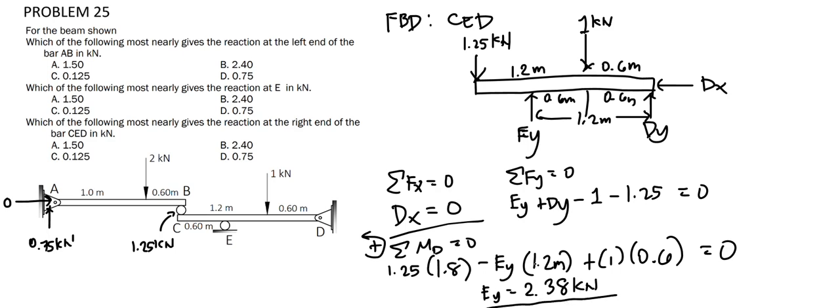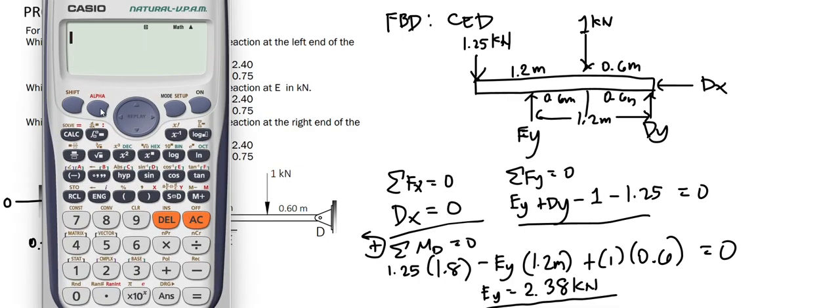Now that we have Ey, we can now solve for Dy using this equation. That is Ey 2.38 plus Dy minus 1 minus 1.25 equal to 0. Shift solve, we get Dy equal to negative 0.13.